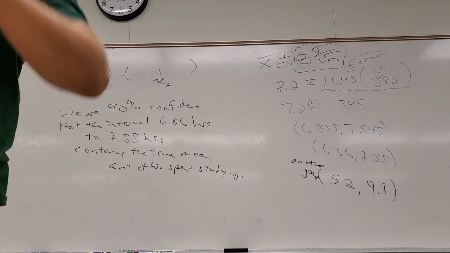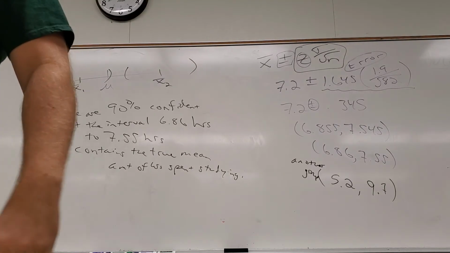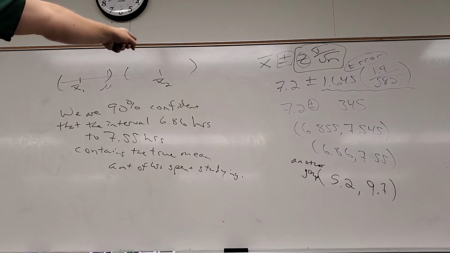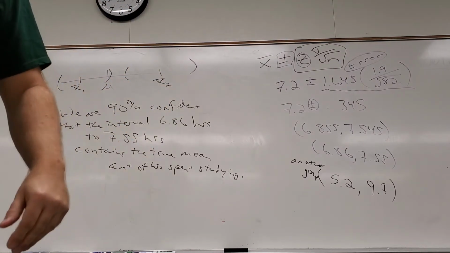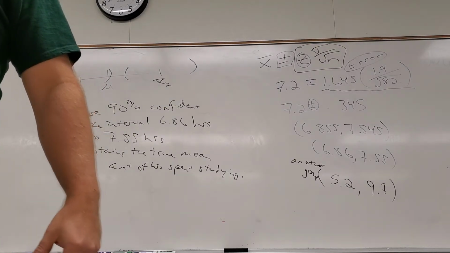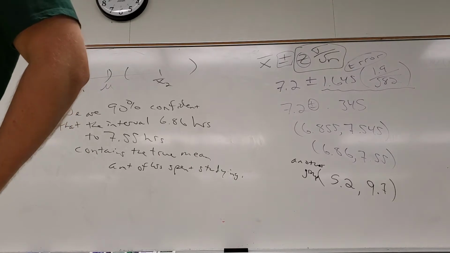If it is normal already, I don't need a sample size to save me. Any sample size works. If it doesn't say it's normal, you need a sample bigger than 30. If we had a statistics 2 class, we could teach what to do to get around that, but right now, we can't.